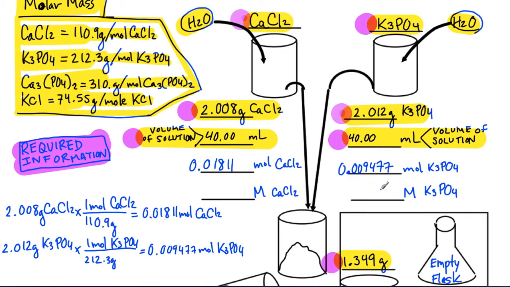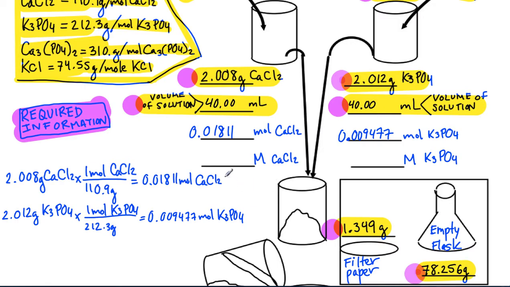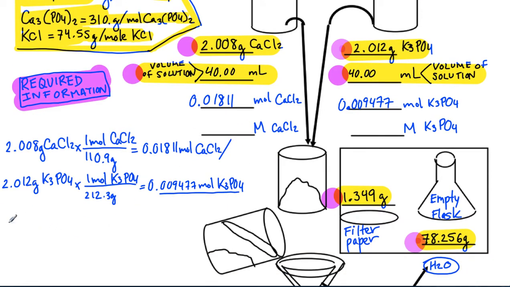0.009477 moles. Now, if I want to find the molarity, I simply take my volume and I convert it into liters, and then I divide the moles by the liters. So I'm going to divide both of these moles, I ran out of room there, by 0.04 liters, because if you convert 40.00 milliliters into liters, what you get is 0.04000 liters.